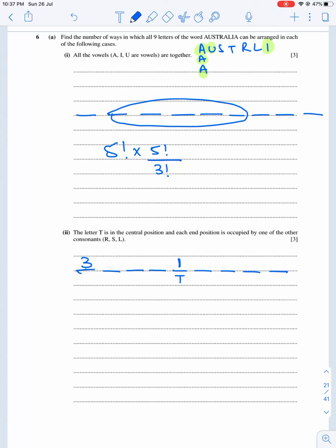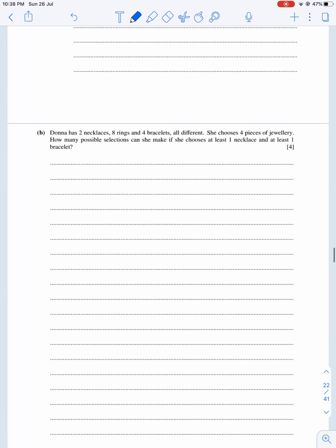Once one letter comes here, for the last place, there's just 2 options left. Apart from these 3 letters, you will be left with 6 letters after that, so 6 factorial divided by 3 factorial because of the 3 A's being repeated. So the final answer will be 3 into 2 into 6 factorial divided by 3 factorial.